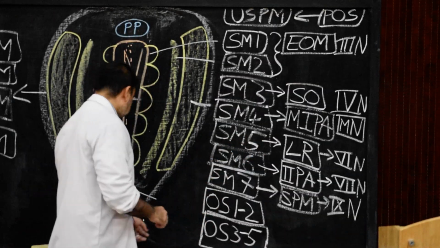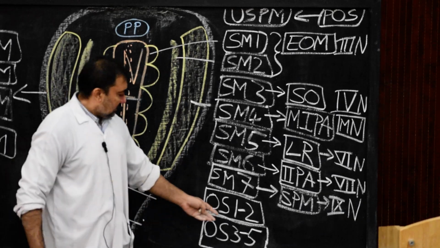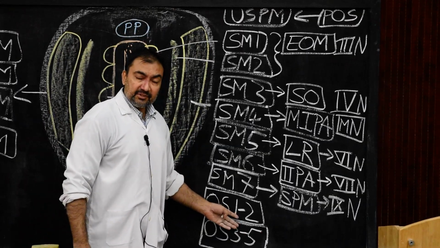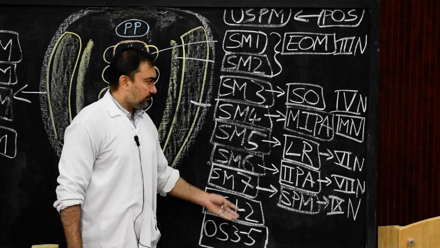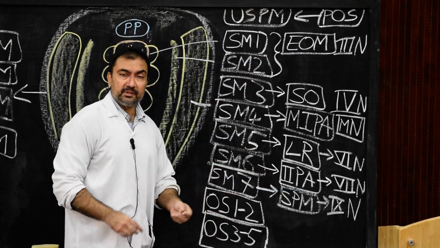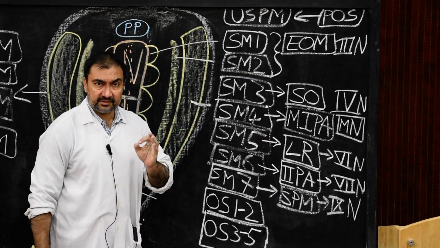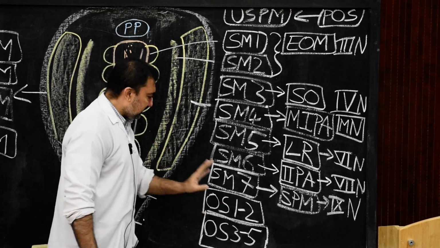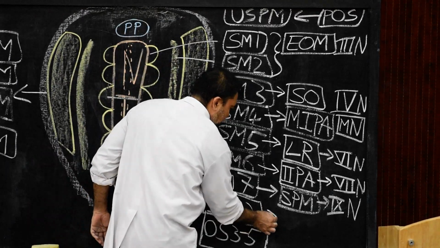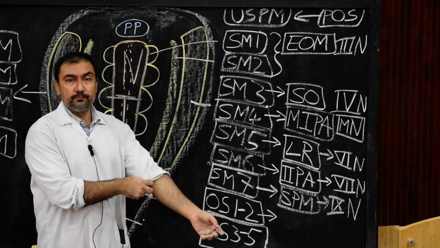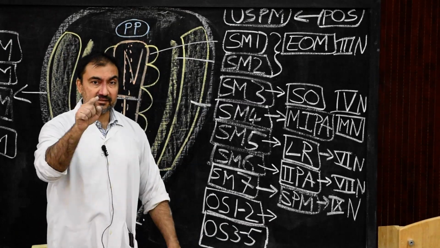Then we come to the occipital somites. Now remember, these are also asked in MCQs many times. The entire somatomeres and occipital somites, so remember the numbers. Occipital somite number 1 and 2 will develop into laryngeal muscles.